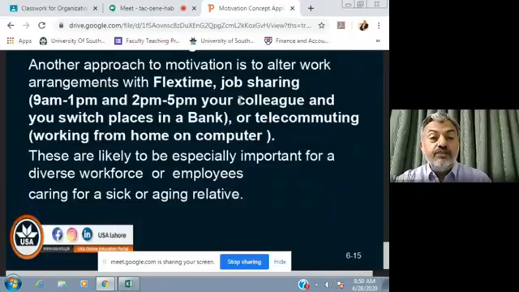And if they are responsible, they keep on performing their tasks in an A quality manner, and the organization is happy, and this workforce becomes a diverse workforce, and it is good for the organization as well.